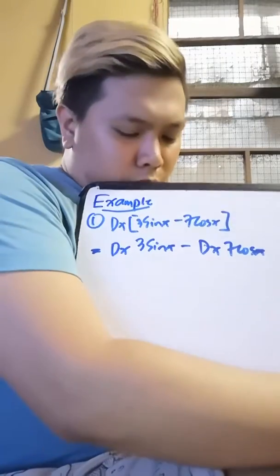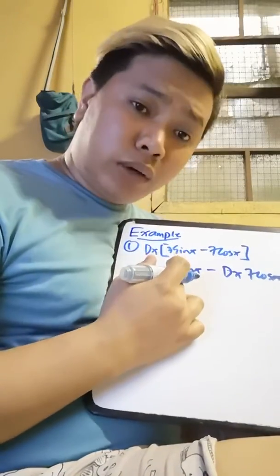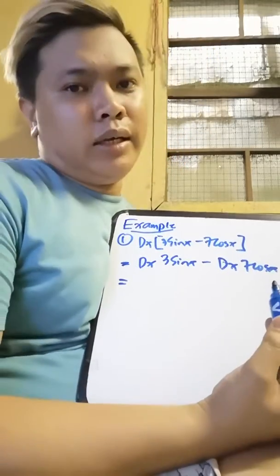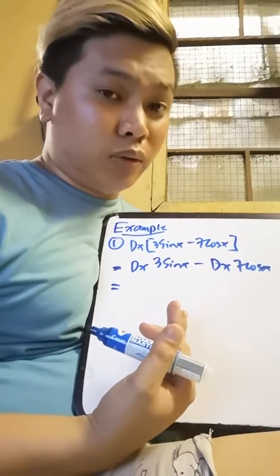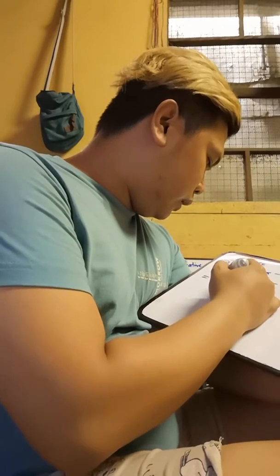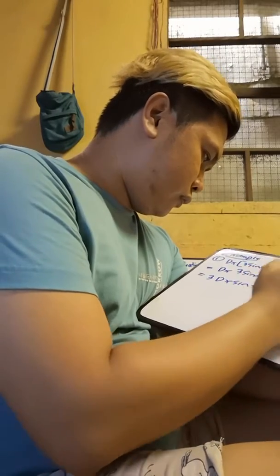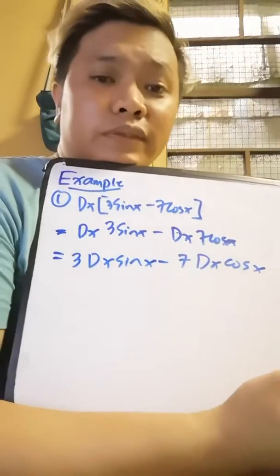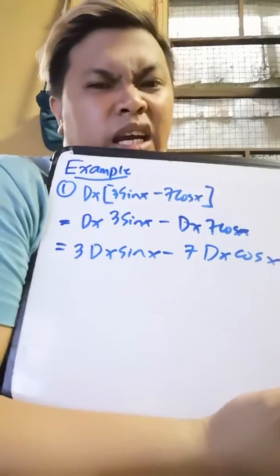Like what I said, pwede kong gawin yan because of sum rule. Ngayon, sunod na gagawin, dahil may constant ako dito, 3, tapos may constant din ako dito, 7, meron din tayong rule na pwede nating ilabas or factor out yung constant. Kaya, yung original function, pwede na natin gawin ganito: 3 derivative of sine x minus 7 derivative of cosine x.